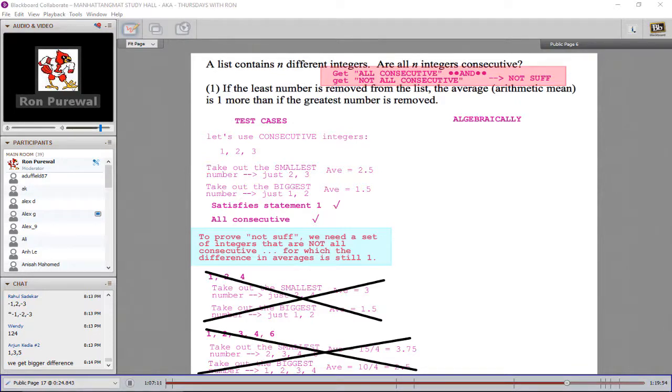Eventually you're just going to keep not getting it until you're convinced. You should become convinced pretty quickly that you can't satisfy statement 1 with anything but consecutive integers. So that means that statement 1 is sufficient.